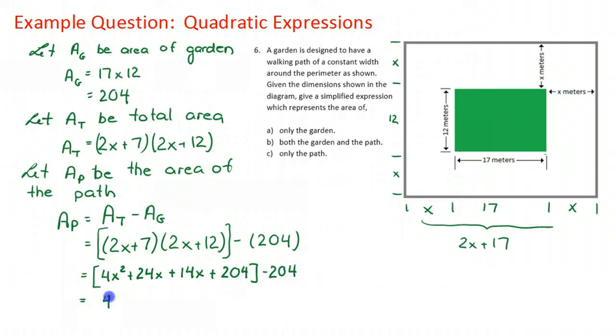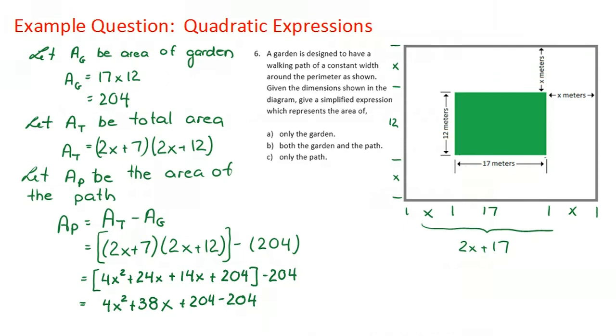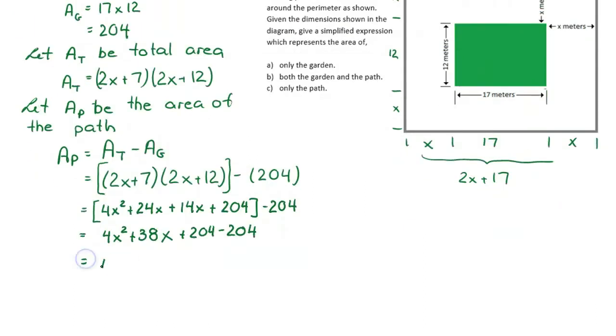So I'm going to get 4x squared, and then 24 plus 14 is 38x, plus 84 minus 204. Now we're running out of space, so we'll just scroll down just a little bit here. So we get 4x squared plus 38x, and that would be the area of the path.